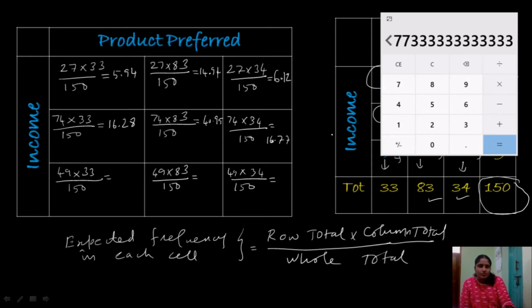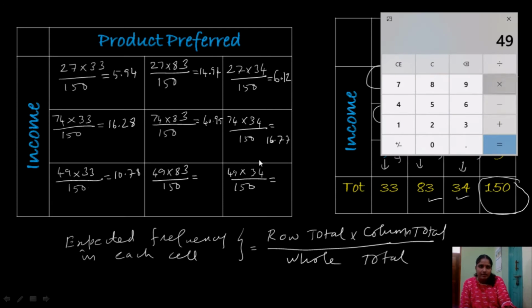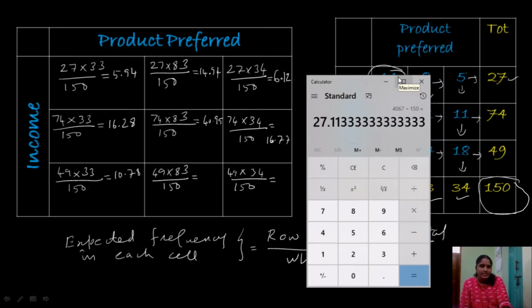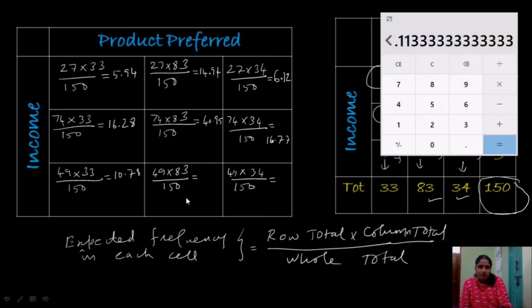And for the next one, 49 multiplied with 33 and divide this by 150, you get 10.78. And 49 multiplied with 83 and divide this by 150, you get 27.1133, etc. So we take up to 2 decimal places only, 27.11.